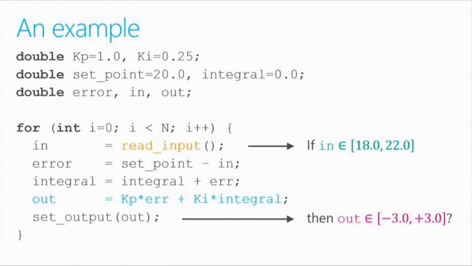Yes? In this case, what's the value of R? I think R is different from error, right? Sorry, I can't see an f. R. Oh, error. Oh, yeah. That's the error. The integral equals integral plus error line. Oh, sorry. Yeah, that's a typo.